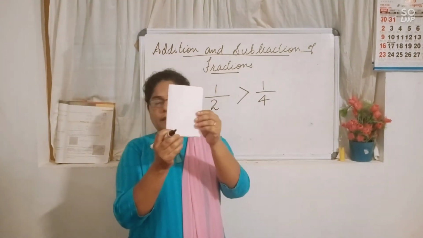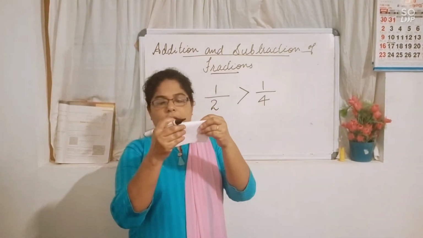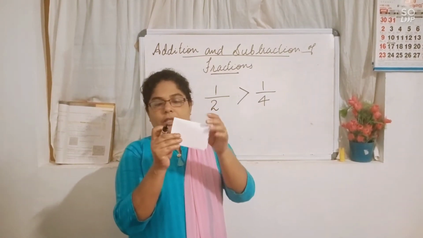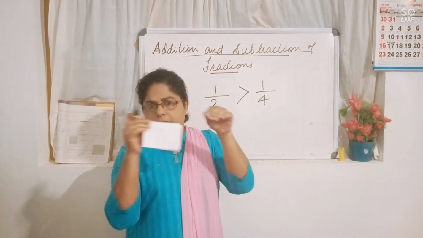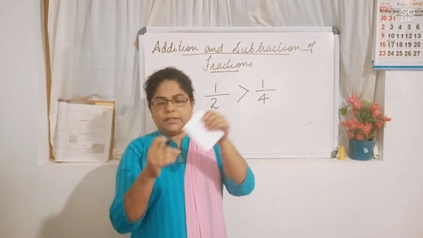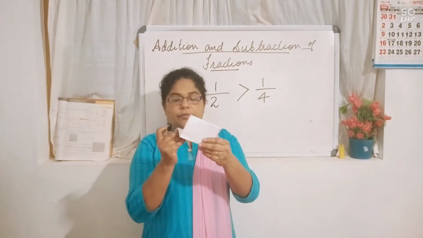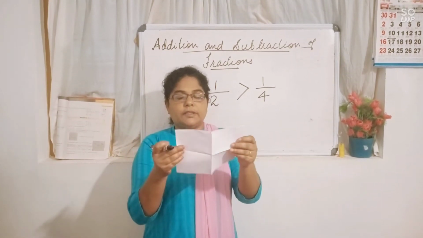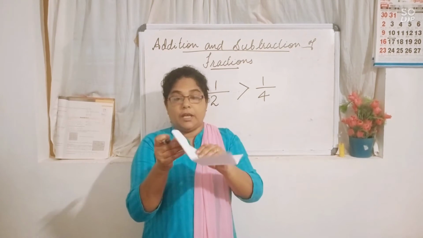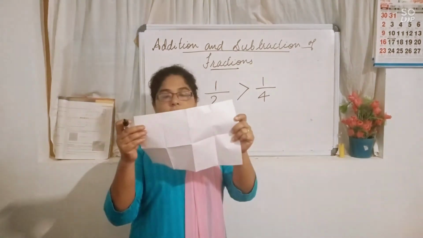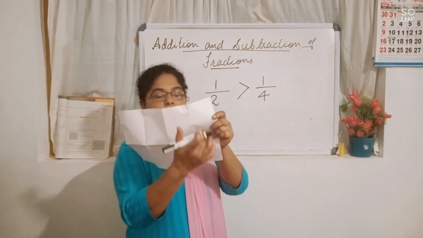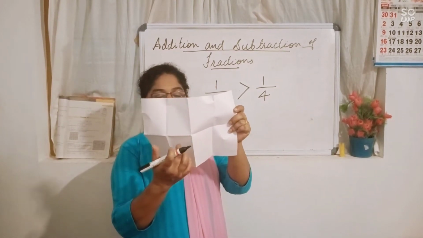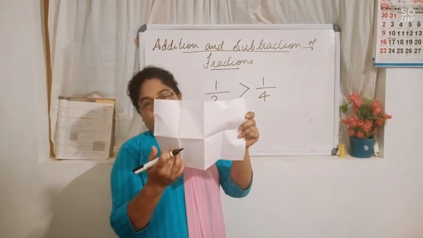Now, again I am going to divide this paper into one more portion. So, now let us check how many portions we made in total. Now, we can count it. I divided into equal portions. Okay, count it. 1, 2, 3, 4, 5, 6, 7, 8 portions I made.